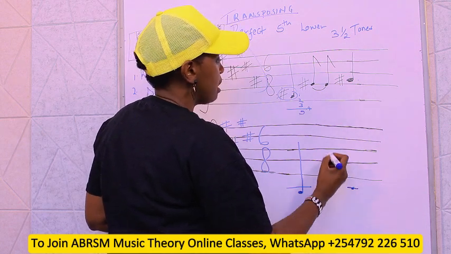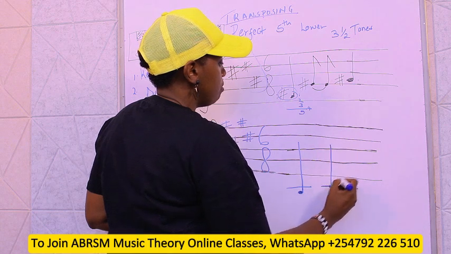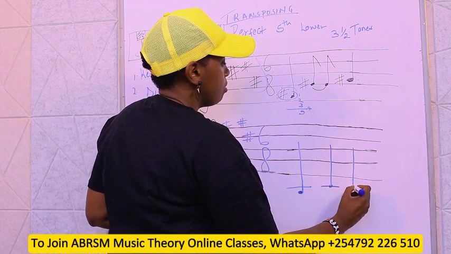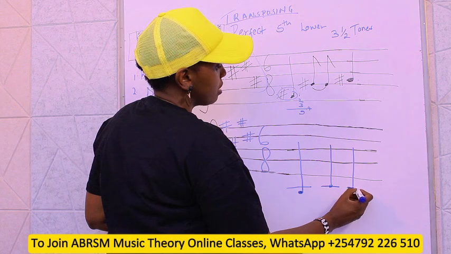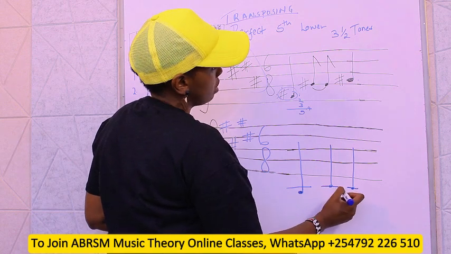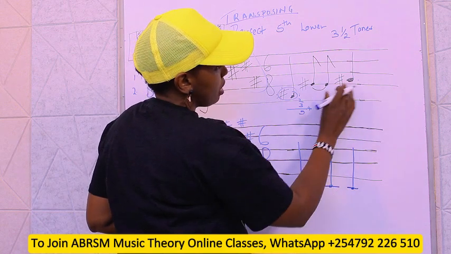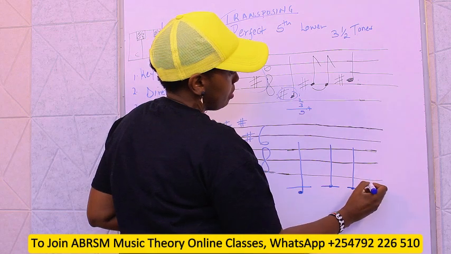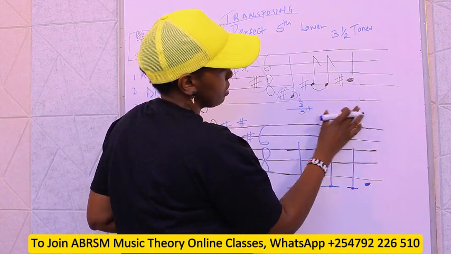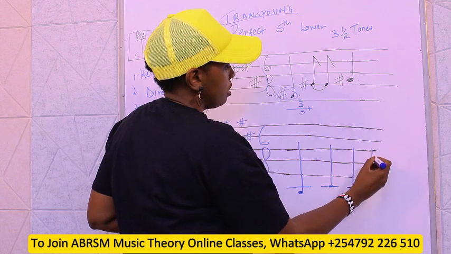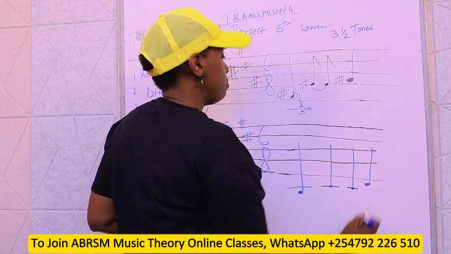You don't combine them and put them on one line just because they are on the same one. You don't do that. On ledger line, each note you put by itself. Then you come another second up, or you count the spaces, which is skip one space, come to this one. That will be a fifth. Yeah, and there you go.